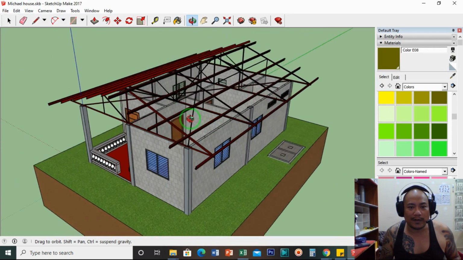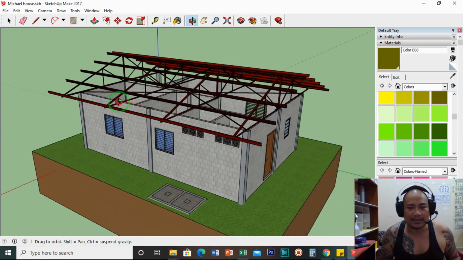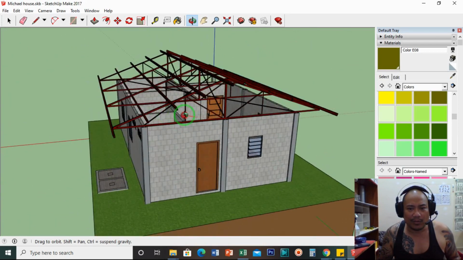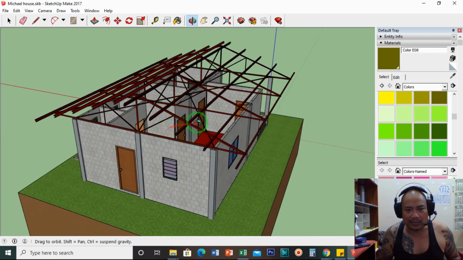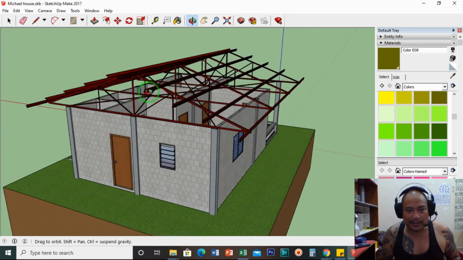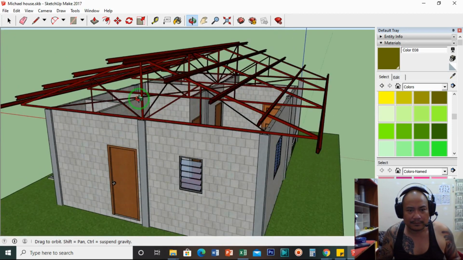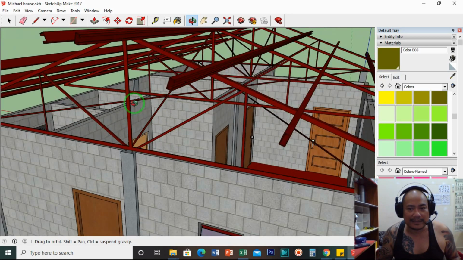I removed all the parts of the ceilings and the roof. So what remains is only the trusses made of angle bars and rebars, and C-channel.